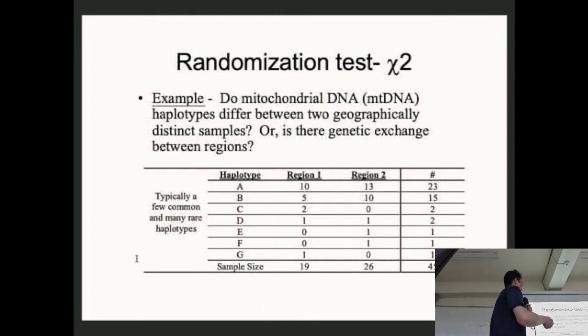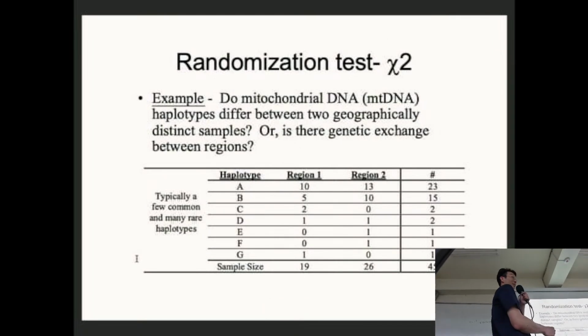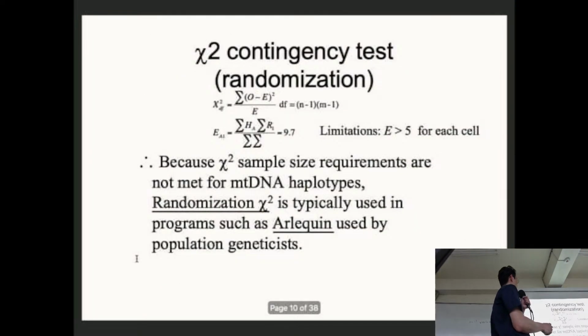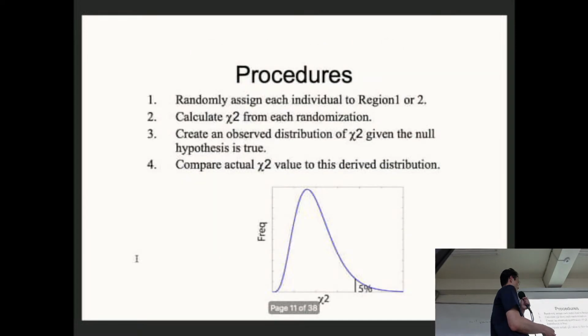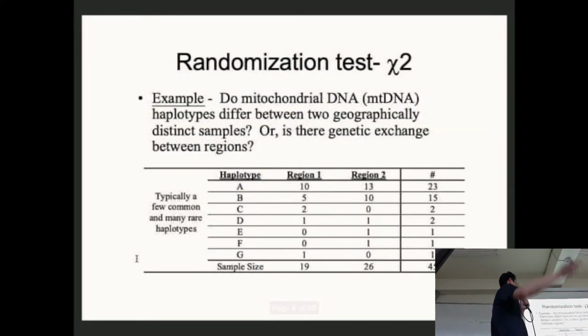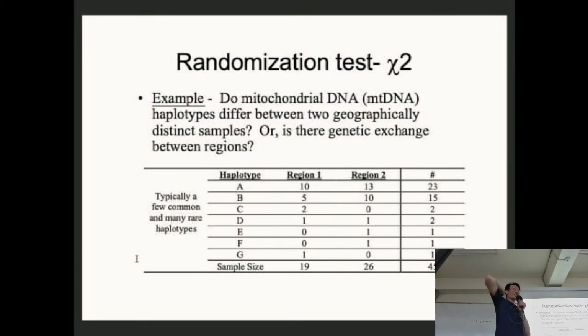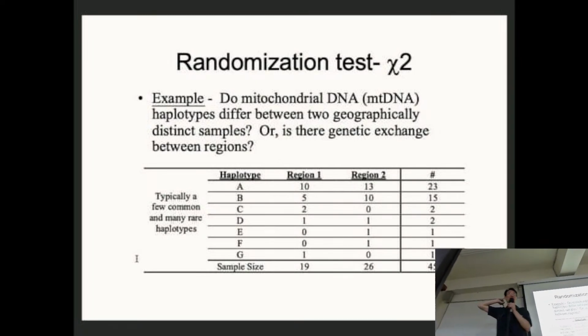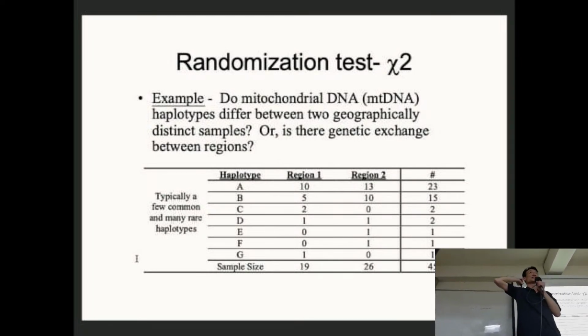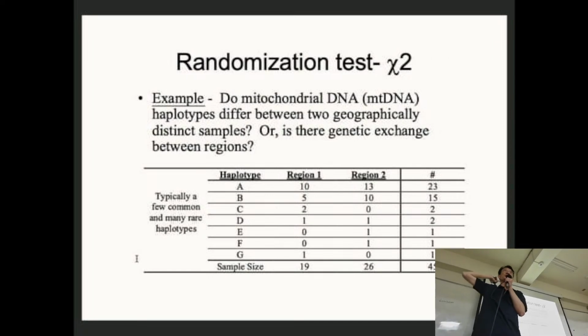So this is the observed data, right? And what is the expected number? How to calculate the expected number, kids? Chi-square test for independence.